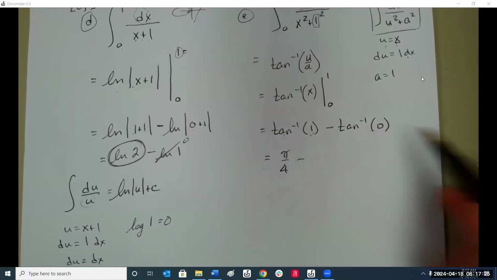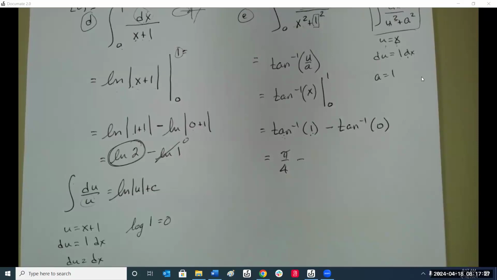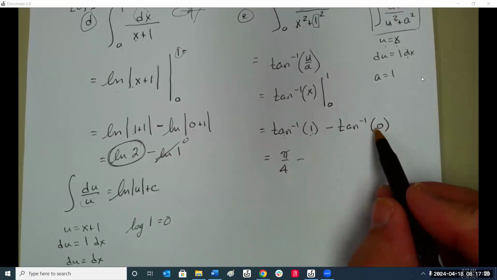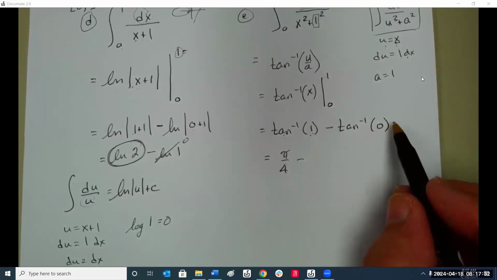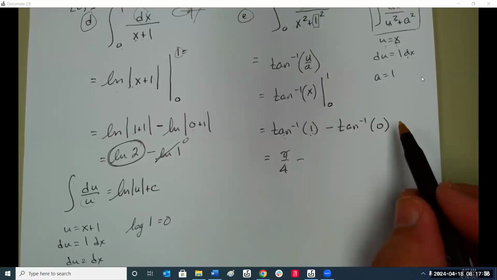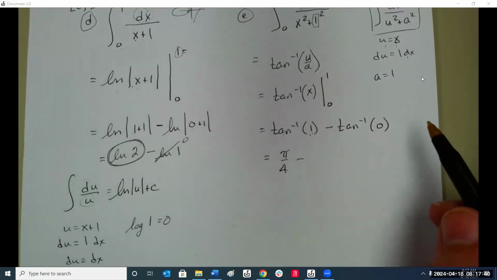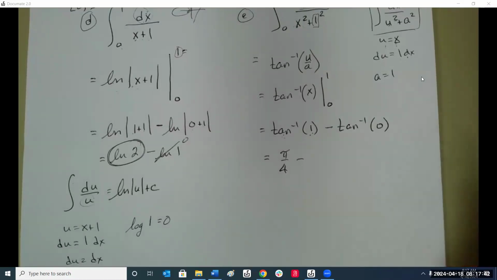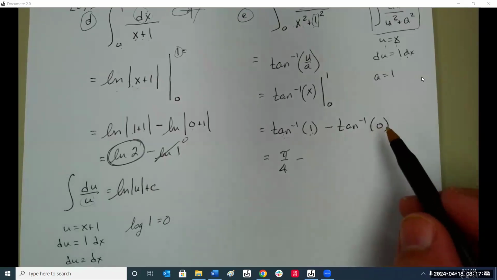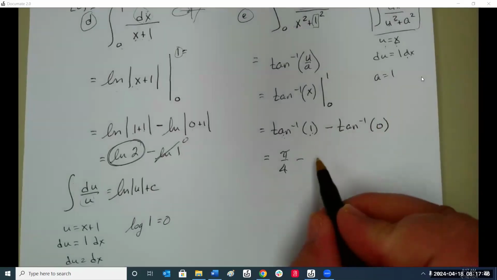What's tangent of 0? Tangent is 0 at which angle? Yeah, 0 and pi over 2. But again, we're going from 0 to 1, we're in the first quadrant. So it's 0.